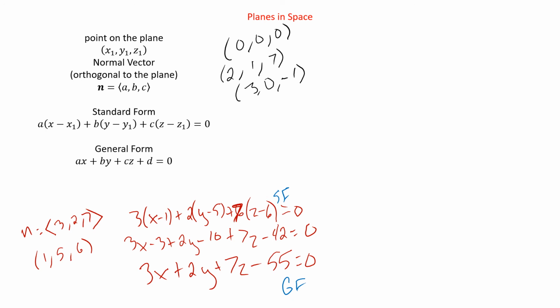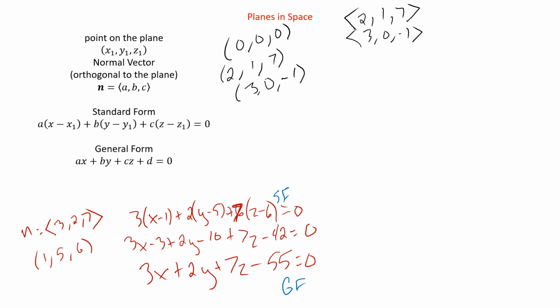So we're going to need 2 vectors out of this, and just like with the area of a triangle that we had in the last section, we just need to start from one of our points and go to each of the other 2 points from that point. So I'm going to start from 0, 0, 0, because that makes one of the vectors 2, 1, 7, and the other one 3, 0, -1.